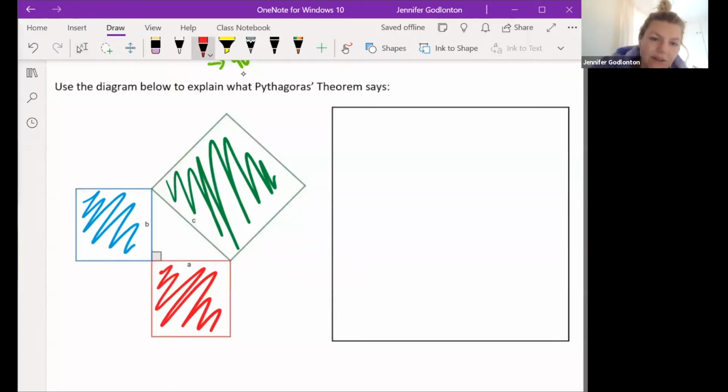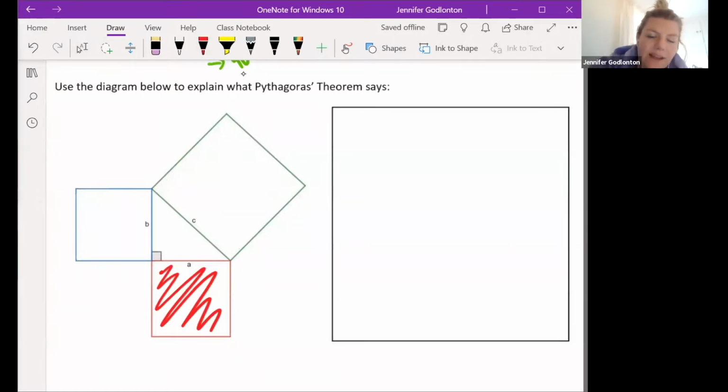If I'm wanting to work out the area of a square, let's just look at this red square to start. If I just wanted to find the area of this red square, how would I find the area of that red square that I've highlighted? Bruce, yes, how would I find its area?